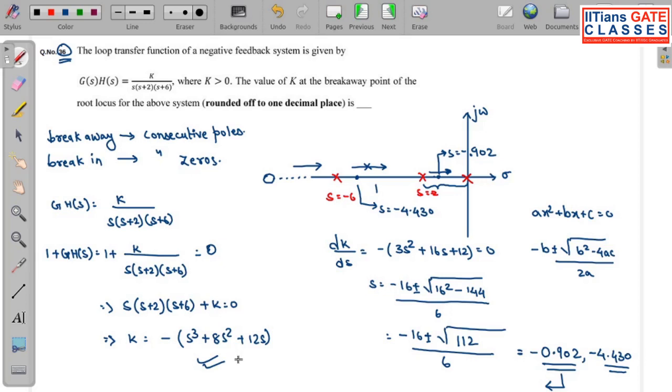So that comes out to be 5.049. So the value of k at breakaway point is 5.049. Very simple question, but you need to take care.